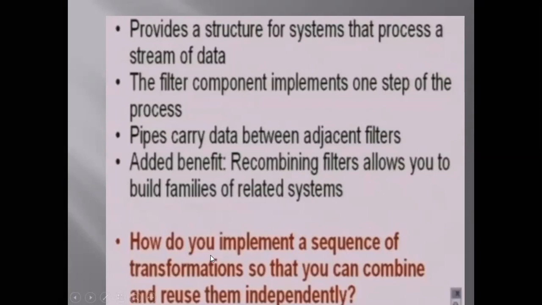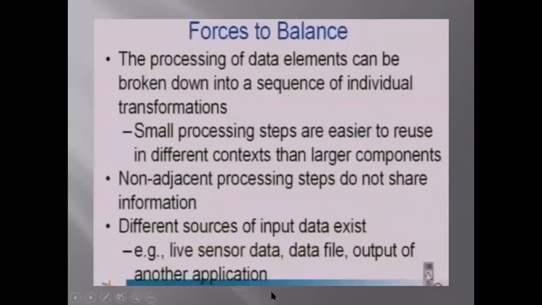The other question that comes to mind is how we implement a sequence of transformations so that we can combine and reuse them independently. Before the forces, we have to look at the context. The context is the situation which gives rise to a problem: we want to process data streams. The problem here is that we want to build a system that must process and transform the data of an input stream.